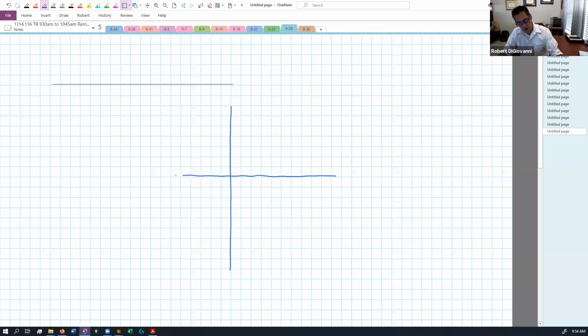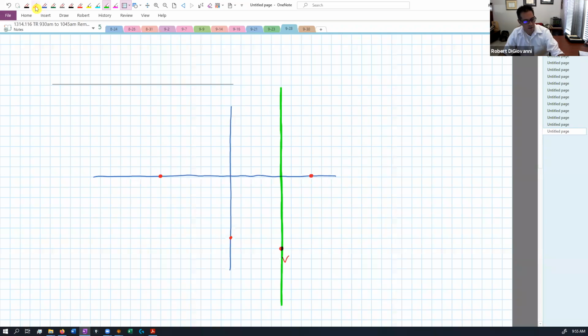Let's say you figure out that your vertex is right here, V for vertex. Then you found an x-intercept here and an x-intercept here. And then you found a y-intercept here. If you imagine that line going down the center, do you see something's wrong?